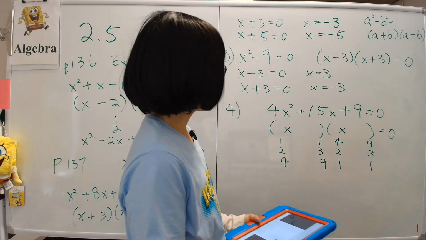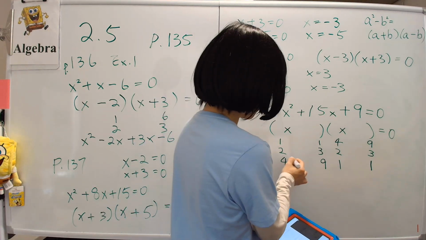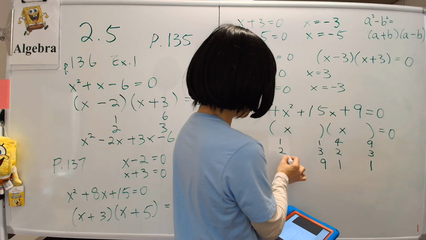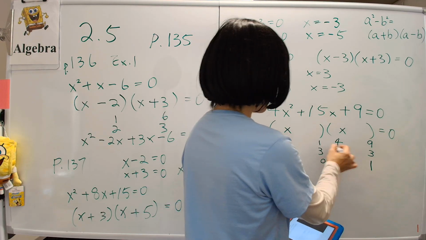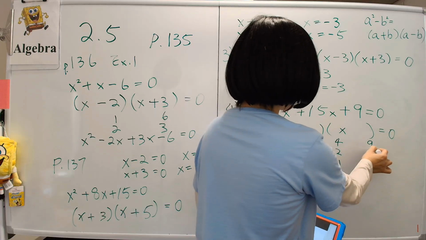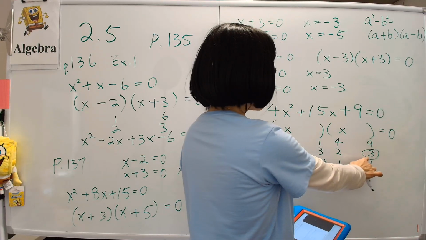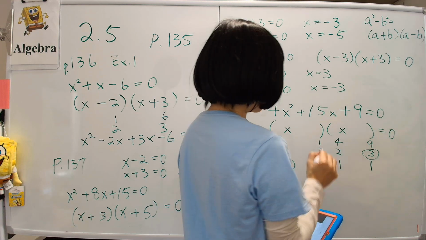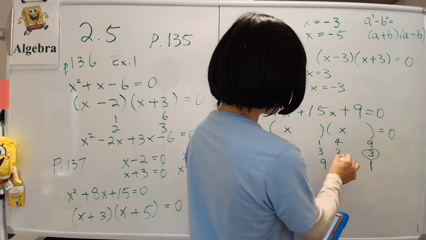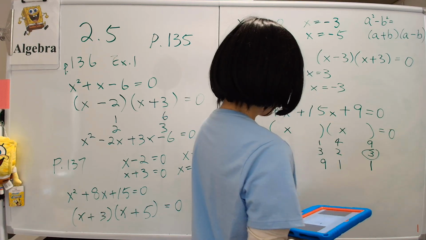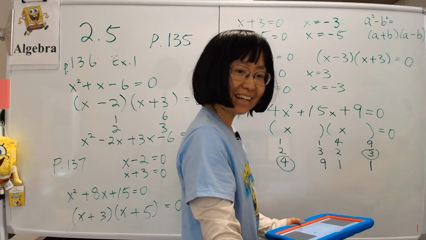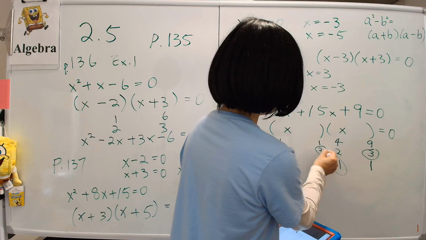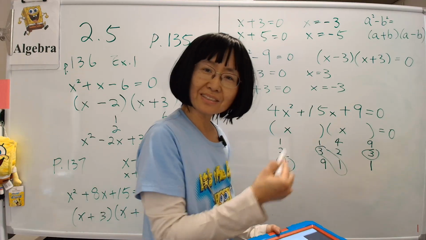So after some trial and error, what we get is that 4 times 3, if we choose the 4 option and the 3 option, 4 times 3 is 12, plus 3 times 1 is 3, which gives 15. It's easier to just do this than explain it.